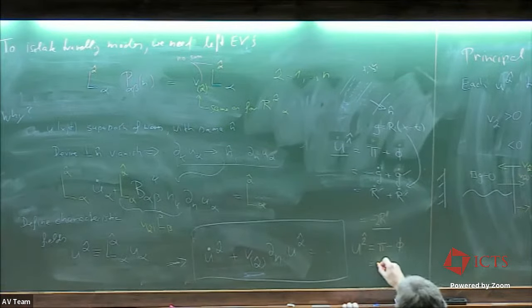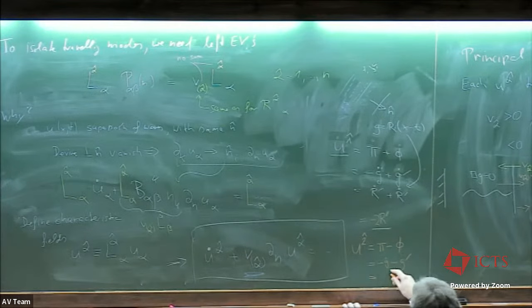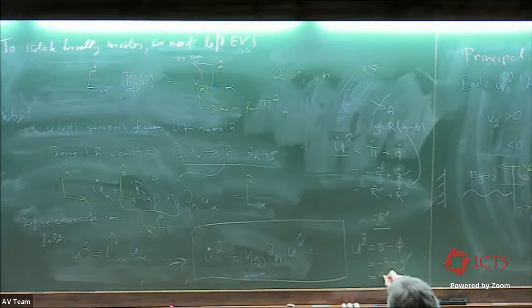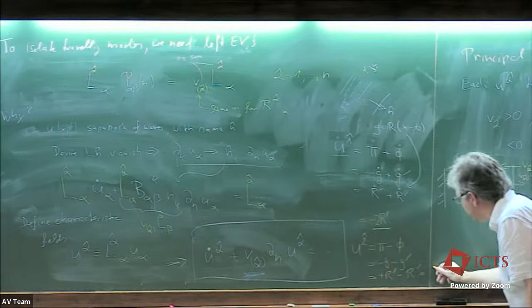And so that would be minus g dot minus g prime. And that would be plus r prime minus r prime. And that would be 0.